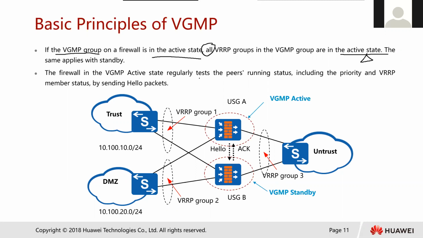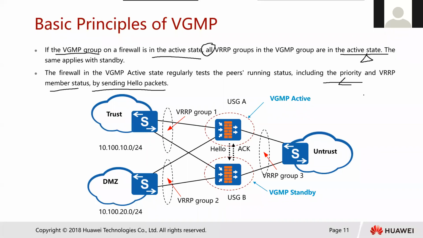The firewall in the VGMP active state regularly tests the peer's running status, including priority and VRP member status, by sending packets. Because how do we know who is the master and who is standby? Firstly, we need to set a priority. If the priority is lower than the other priority, it will be the standby. If the priority is the highest, it will be the master.